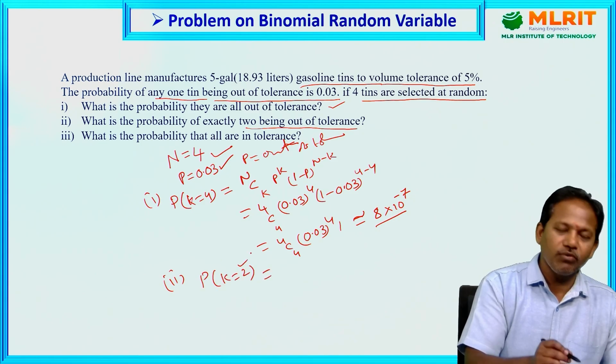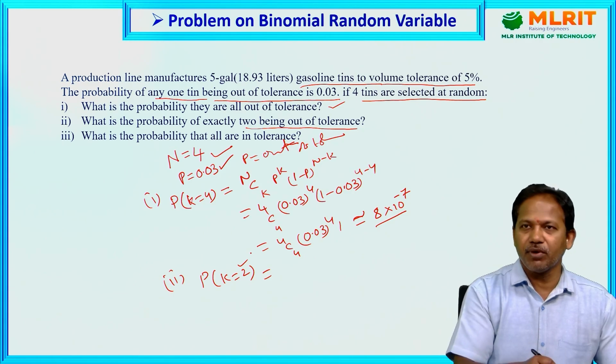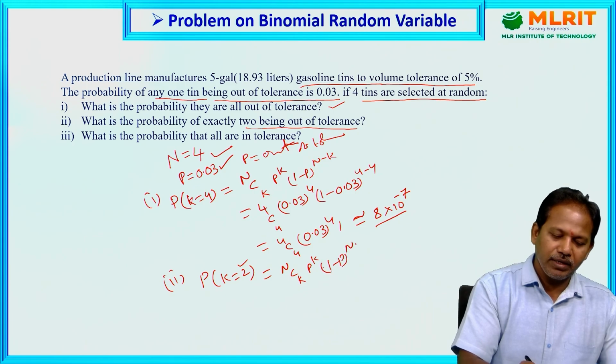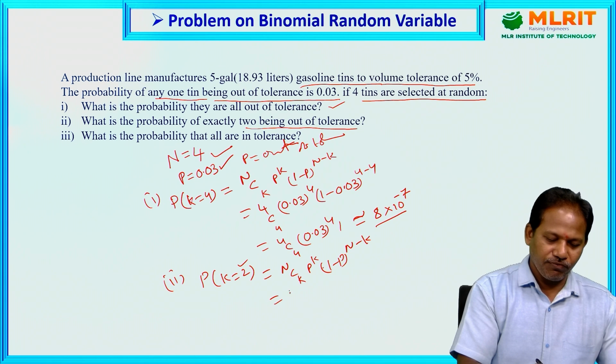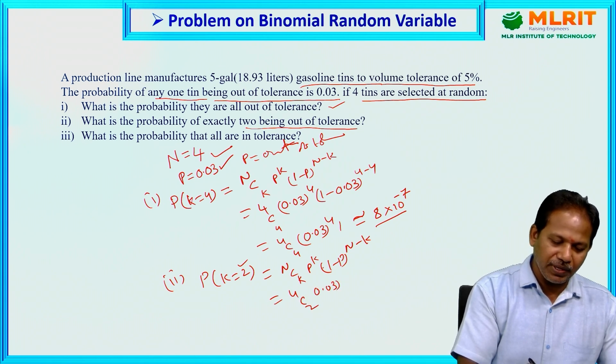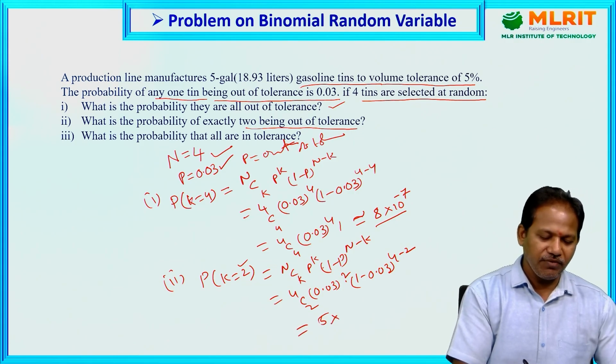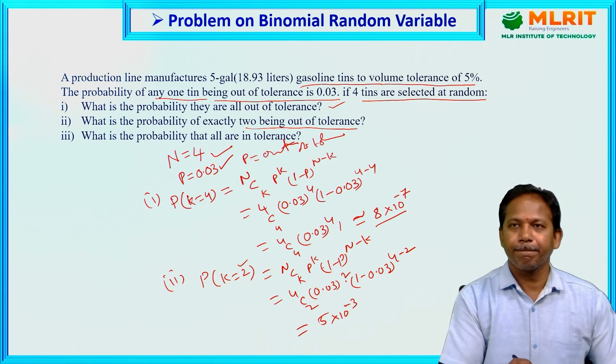We need to use the same formula, NCK P power K into (1 minus P) whole power N minus K. Here K equal to 2 means we can write 4C2, 0.03 power 2, and (1 minus 0.03) power 4 minus 2. So this is approximately 5 into 10 power minus 3.